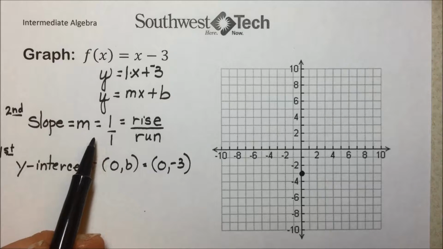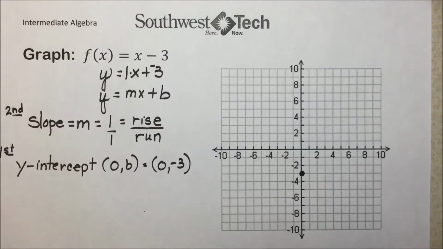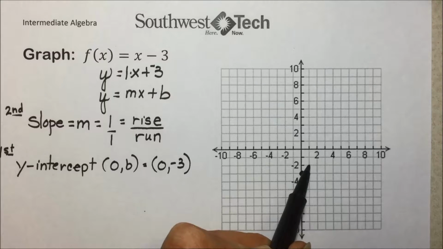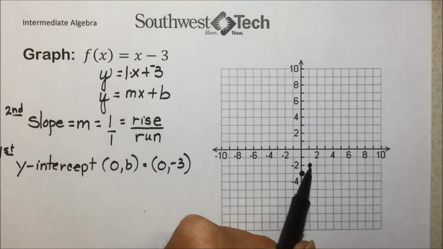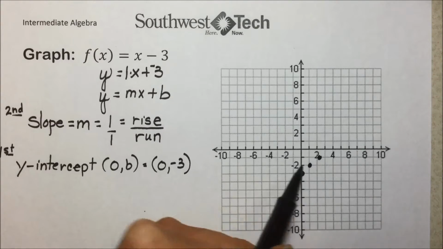The description of the line steepness for this equation, which is the infinite set of points that satisfy this equation, is a rise of 1 for every run of 1. So from the y-intercept, I'll go up 1 and over 1 and plot a point. Repeating that, for every rise of 1, we run 1.